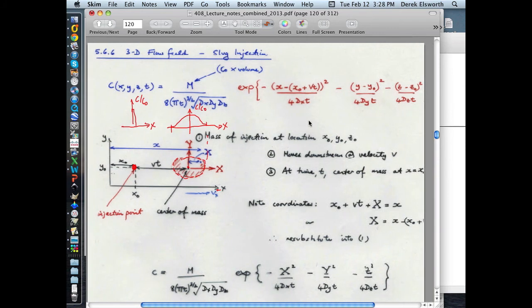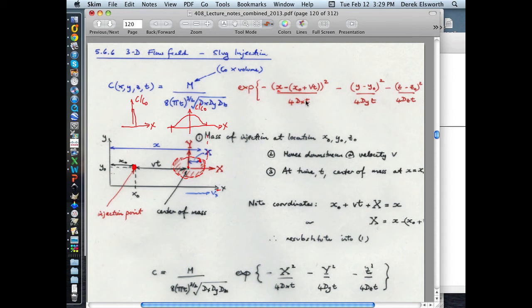And so this expression here is one that is for a Gaussian distribution. That's all. This is the location where you find yourself at any particular point in the plume. This is the location where you dumped it into the aquifer, x0, y0, z0. The coordinates where you find yourself are x, y, and z.